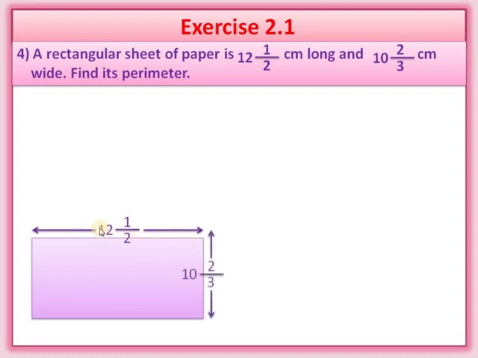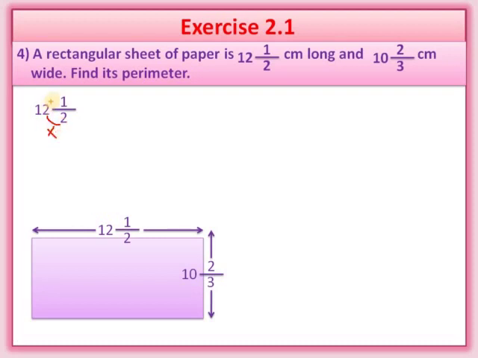Okay, now first we will convert this mixed fraction into a simple fraction, right? So you can see, 12 integer 1/2. What we have to do, we will multiply these two numbers.